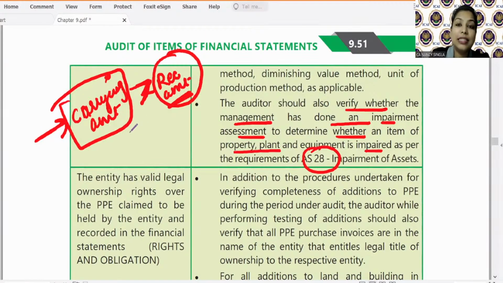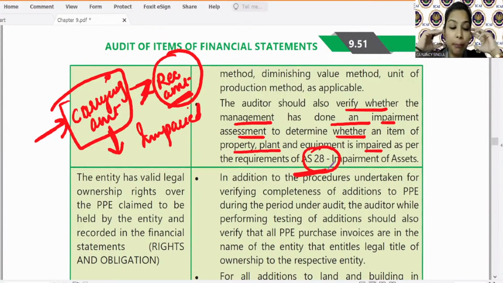the market, then what does it mean? That the value shown is higher. So the asset needs to be impaired in terms of AS 28. So what is impairment?